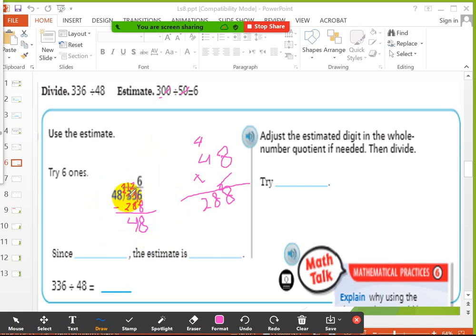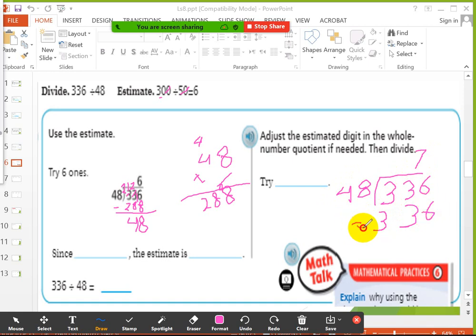That means I have 7. So if you repeat the division and divide 336 by 48 and choose 7, not 6. If you multiply 7 with 48, the answer will be the exact dividend, 336.